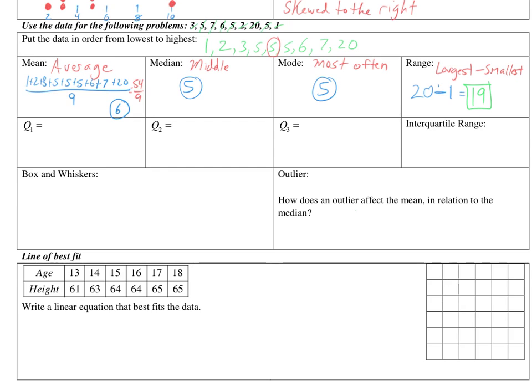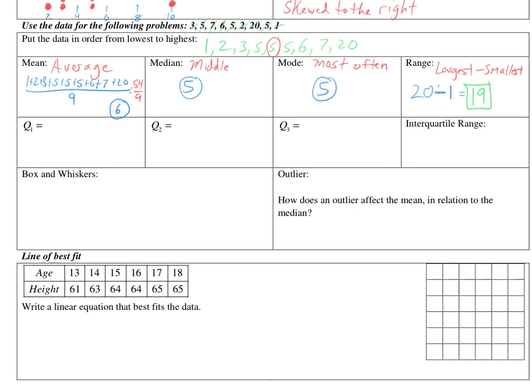Next one, we have this Q1, Q2, and Q3. Q's are quartiles. See this word interquartile? It's a quartile. It's a marking. So Q1, Q2, and Q3. What Q2 is really just your median. So put the same number as your median. It's always just right there.